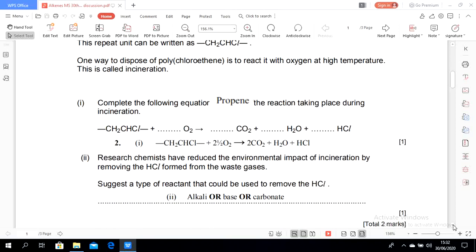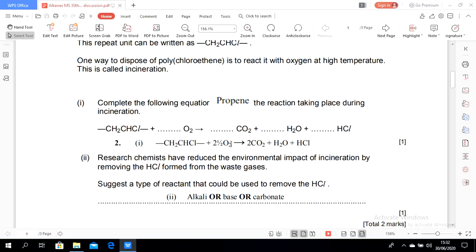Complete the equation for the reaction taking place during incineration. So during incineration, CH2CHCl plus oxygen gas burns, undergoing complete combustion.